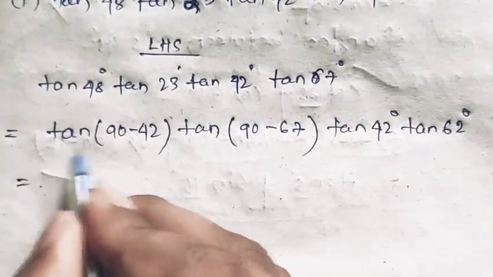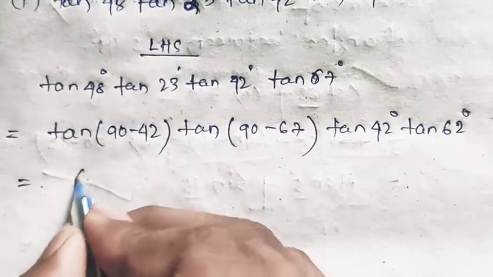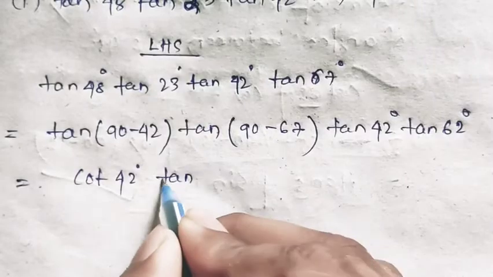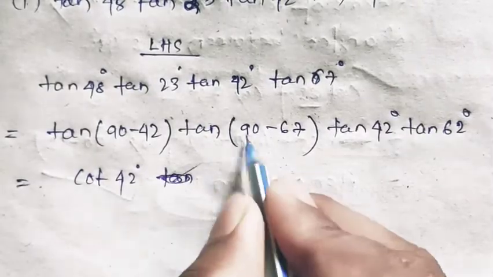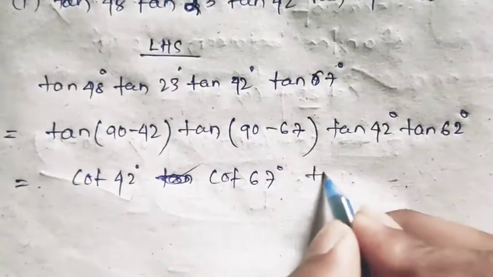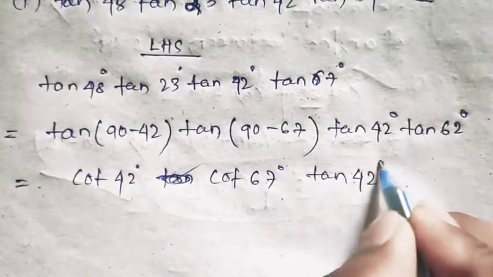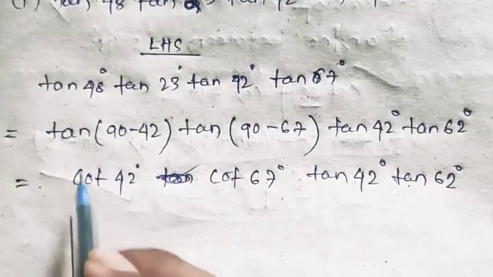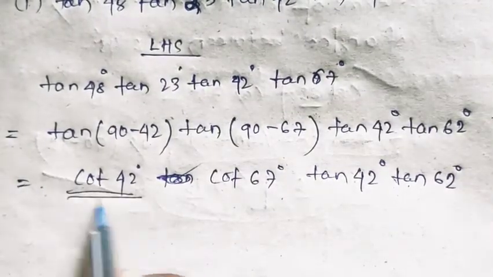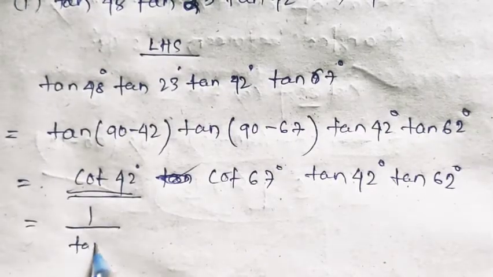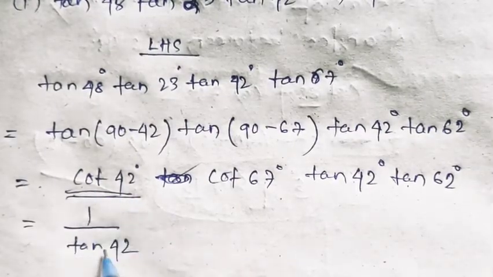So tan (90 minus theta) means cot theta: cot 42 degree into cot 67 degree, into tan 42 degree into tan 67 degree, right? So cot 42 I can write as 1 by tan 42, because cot is the reciprocal of tan.